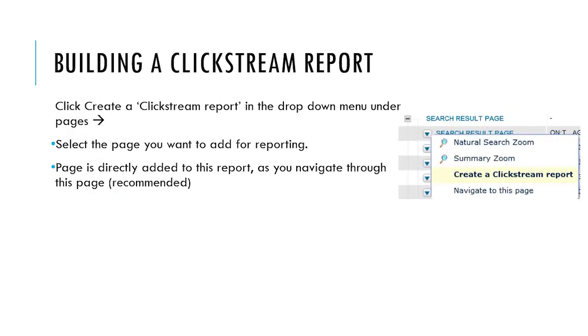If you go and view the search result page or some category pages or a complete listing of pages, you will find a down arrow right beside the page name, and once you click it, you have an option to create a CLICKSTREAM report. That is a more appropriate and recommended method that we use and advise to our clients.